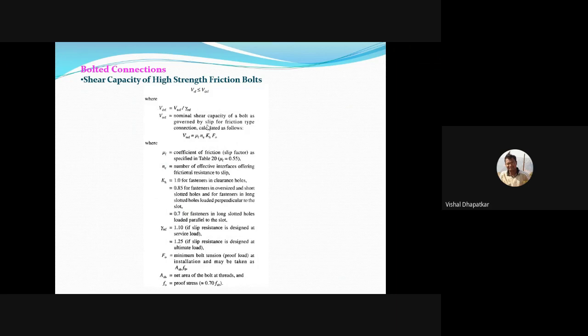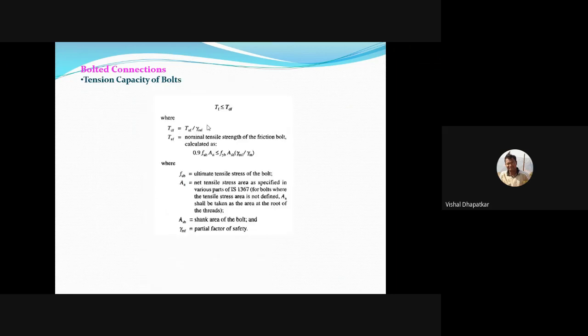So there will not be any bearing capacity of the bolts. There will be tension capacity. That tension capacity will be the same as for bearing type bolts: total net area into 0.9 into ultimate strength of the bolts. So for high strength bolts we got the tensile capacity as well as the shear capacity of the bolt.